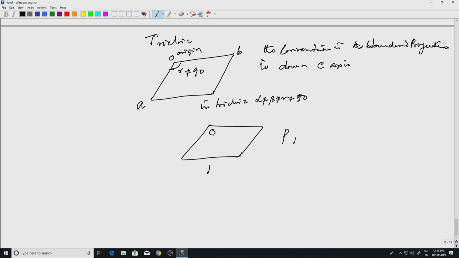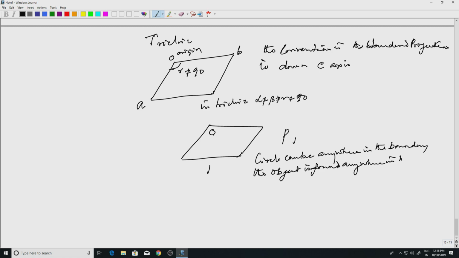This circle can be anywhere in the boundary, or the object is found anywhere in the unit cell.